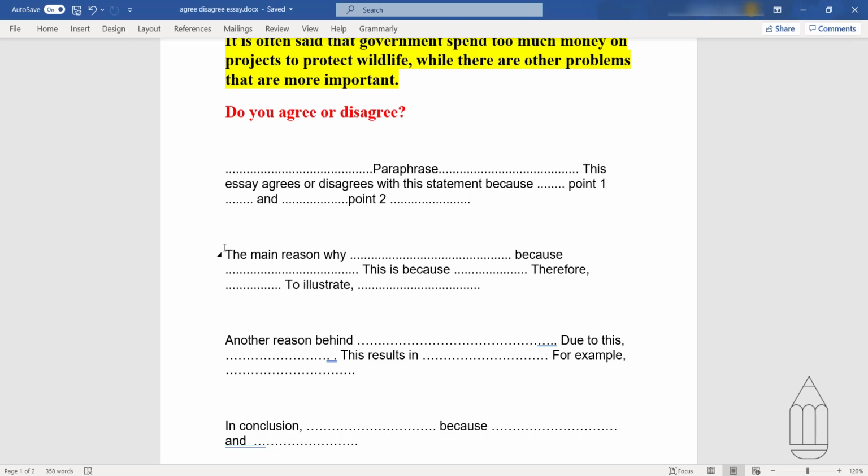So how are we going to approach the first body paragraph? You can start body paragraph 1 with the main reason why government should spend more money or not spend money on this. Then you have to explain, because this first point should be explained here.